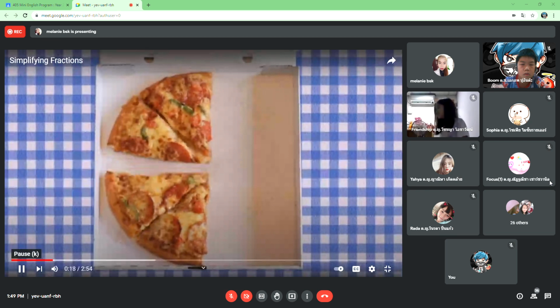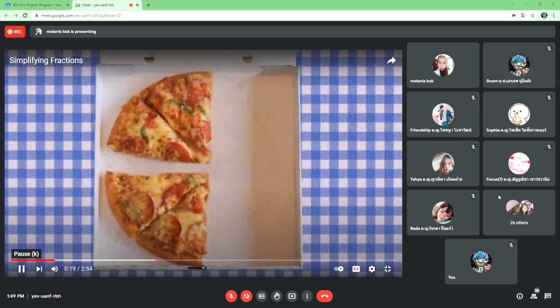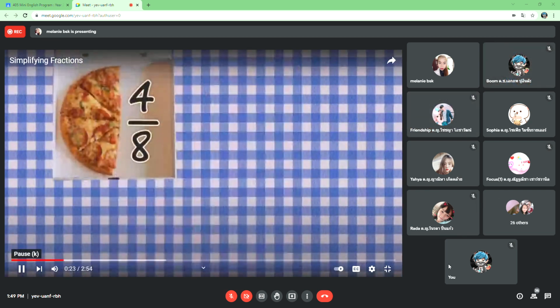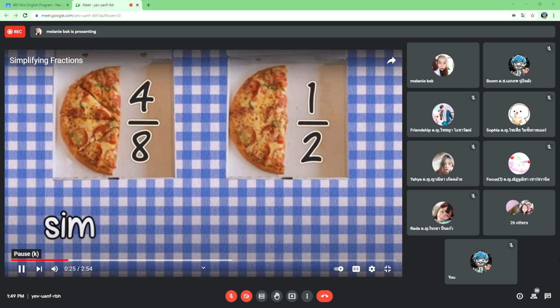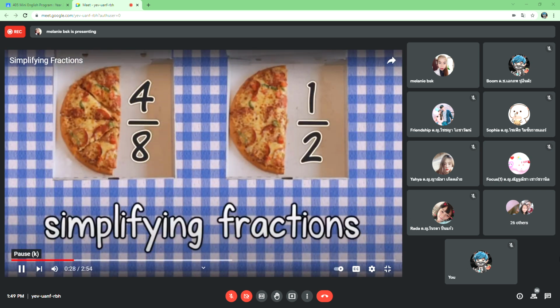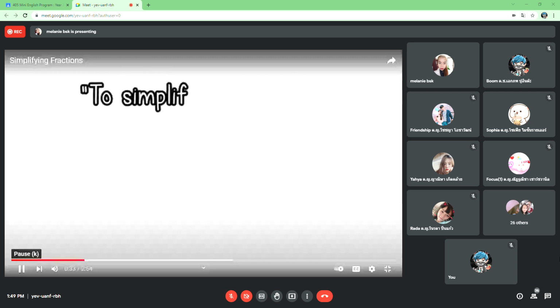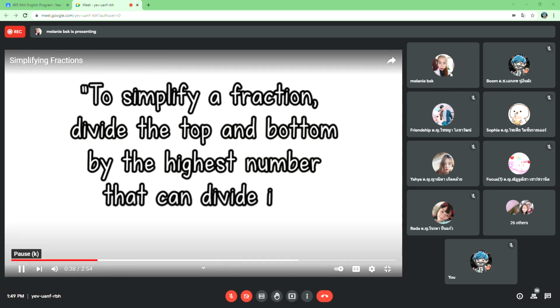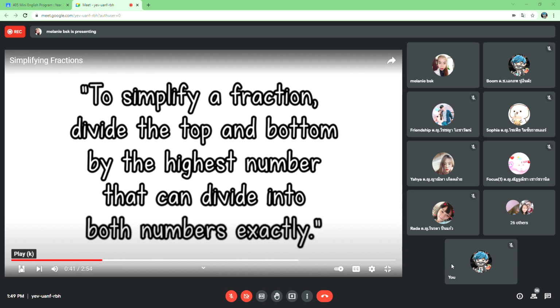Here are 4/8 of a pizza, and 2/4, and a half. Why say 4/8 when you really mean half? Simplifying or reducing fractions means to make the fraction as simple as possible.